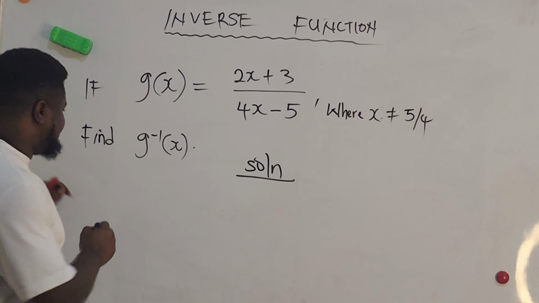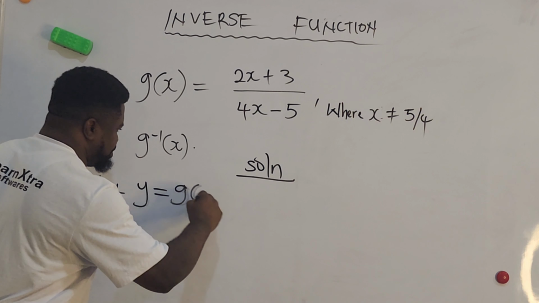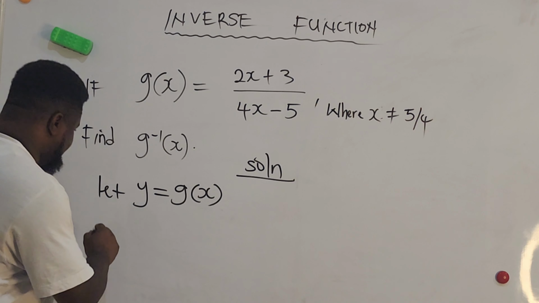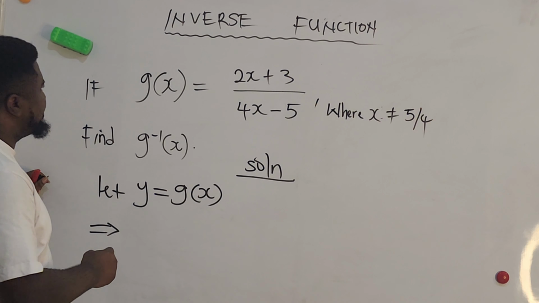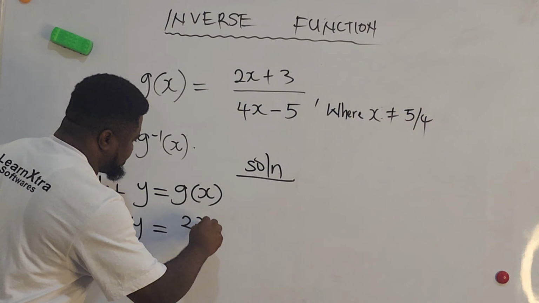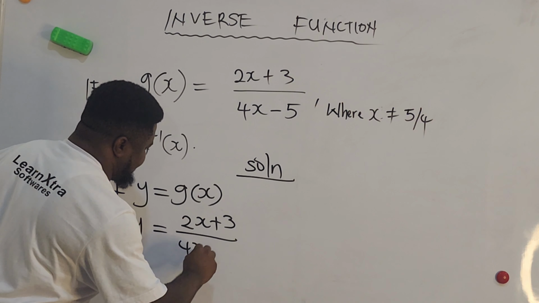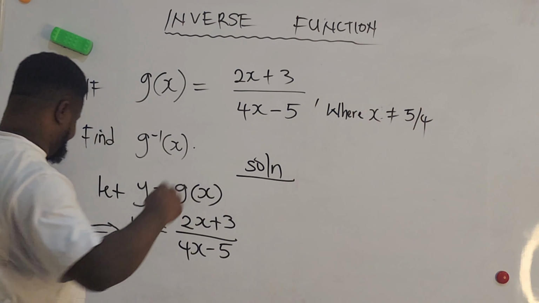We start by saying let y be equal to g of x. This will mean that y is equal to 2x plus 3 all over 4x minus 5.